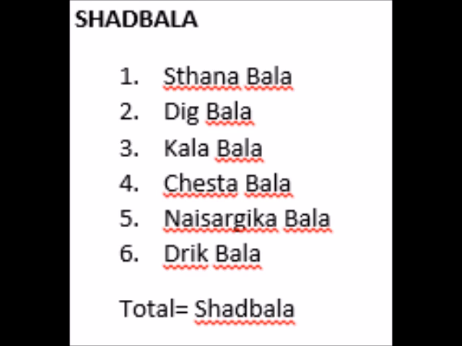And from Kalabala we move into Chestabala, which of course is another very complicated way of calculating, but in a nutshell, Chestabala points are calculated based on the speed of the planet, how fast or how slow a planet is.